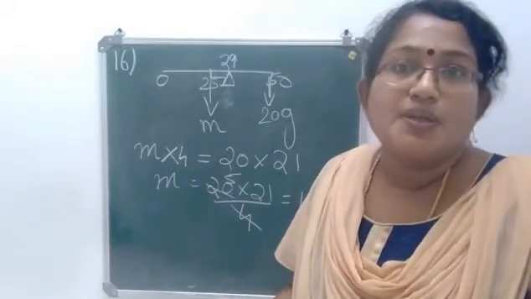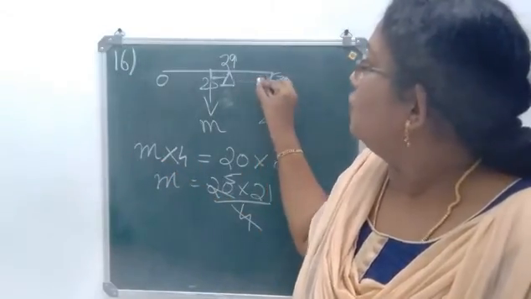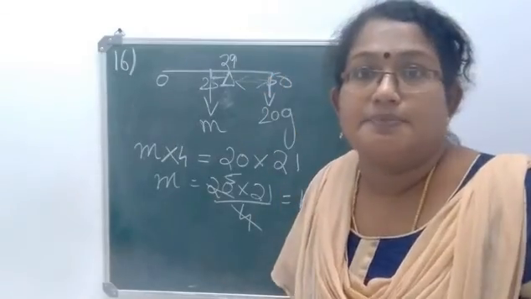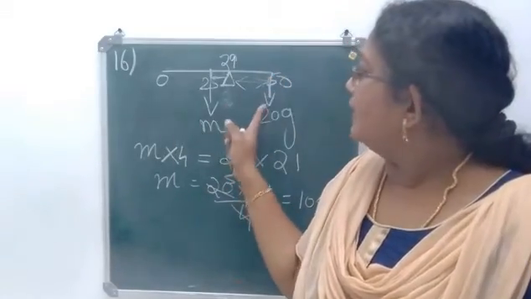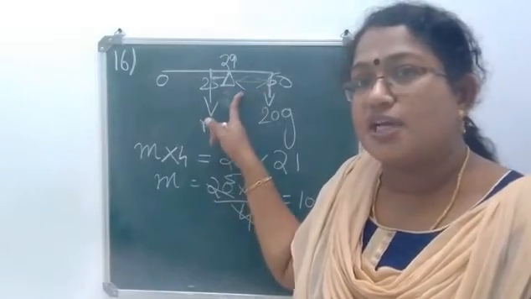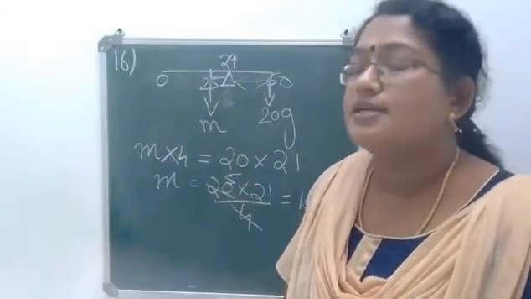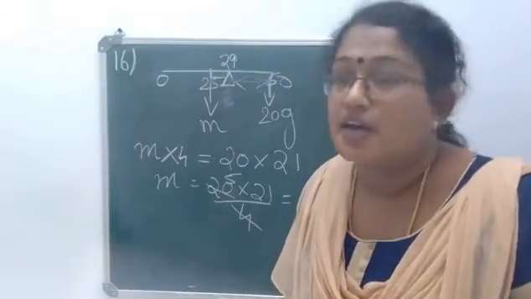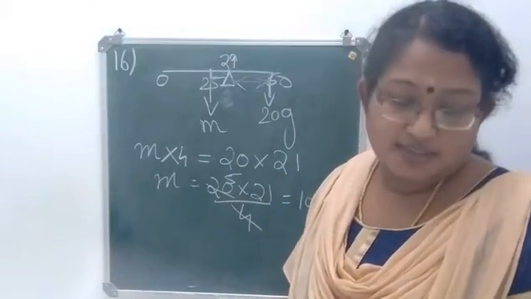Then only the rule gets balanced, because this distance should be kept equal. If you are moving the 20 gram weight towards the pivot, or in the inward direction, the pivot should move towards the 25 centimeter mark. So that will be the answer for the third sub question.